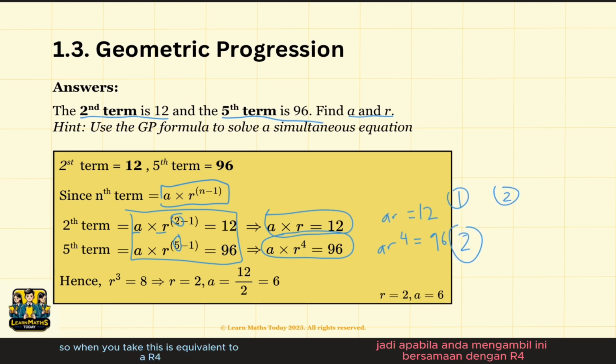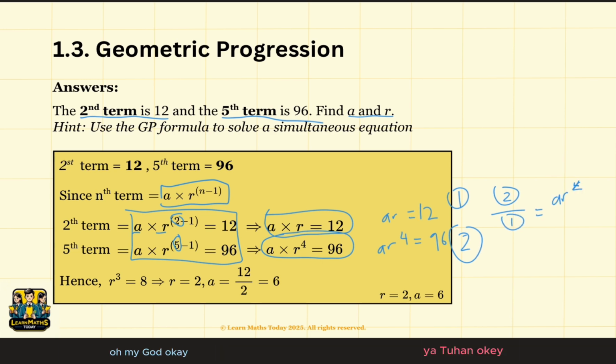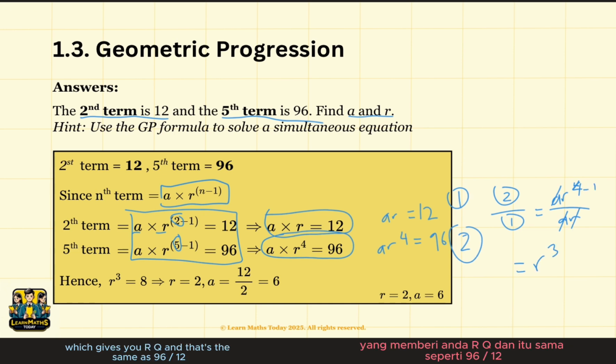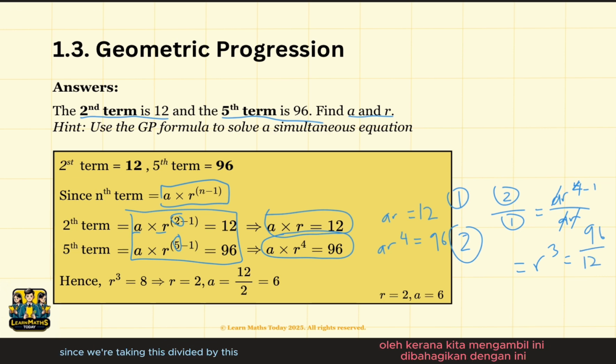So when you take this, ar to the power of 4 over ar, you can just subtract the exponents, which gives you r cubed. And that's the same as 96 divided by 12.